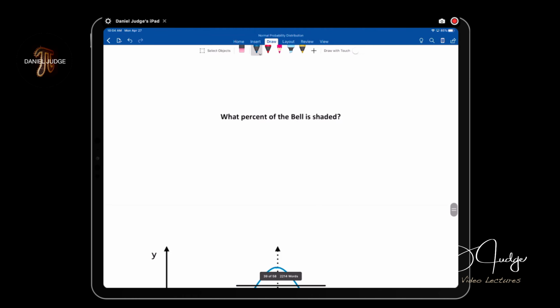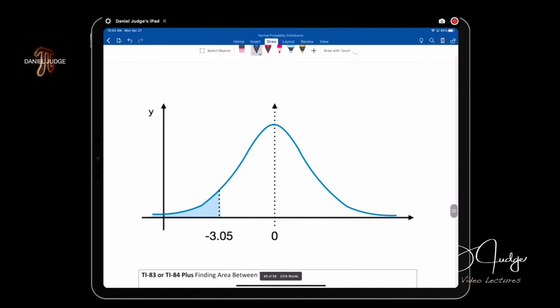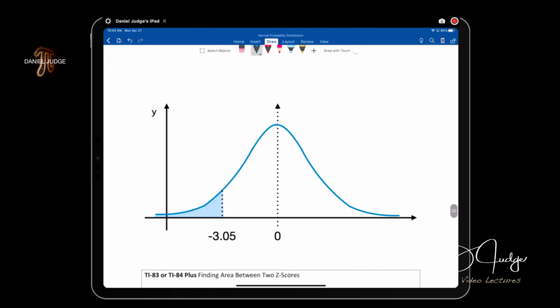I want you guys to compare and contrast what happens when you have a left tail. Because for a left tail, if you remember, it was still 50% minus what was missing. So you had to find what was missing here.